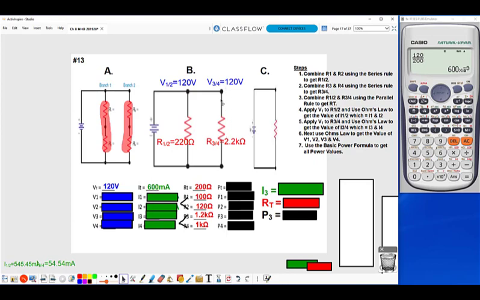Apply it across branch 2. All I did was take the VT, put it across branch 1, take the VT, put it across branch 2. For right now, just act like drawing B is where you started, and that's the only drawing you have. So you got 120 volts over 220 ohms and 120 volts over 2.2 k ohms.